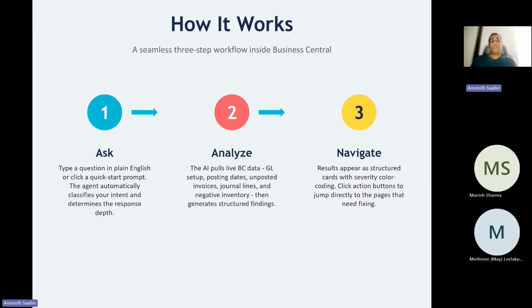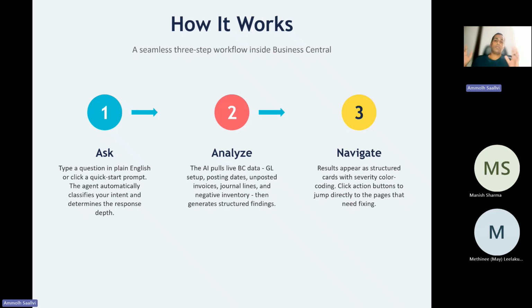How it works: there is a 3-step workflow inside Business Central. You can ask the question or copy the error messages from the screen. Or if an error pops up on the error message screen, you automatically capture those errors, activate the agent, and it gives the findings. Then in the second phase, it will analyze your live base data, the setups, or whatever it may be, and generate structured findings for your errors.